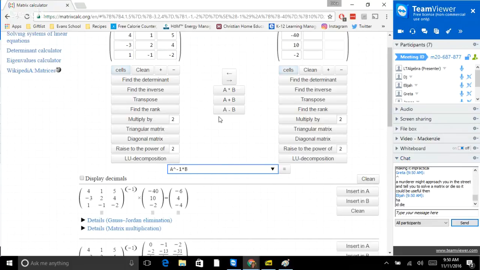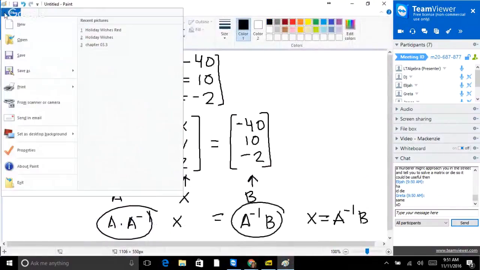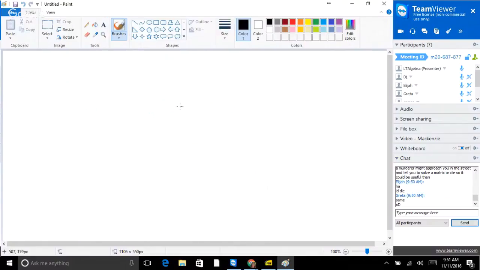I've never heard of that happening, but I'm only going to ask you to be able to find the determinant and the inverse of a matrix if it's a 2 by 2. Anything bigger than a 2 by 2 matrix is a lot of work, kind of a lot of unnecessary work. So let's just review that really quickly because I know there was a question or two on your test. Let's take a quick look at that.